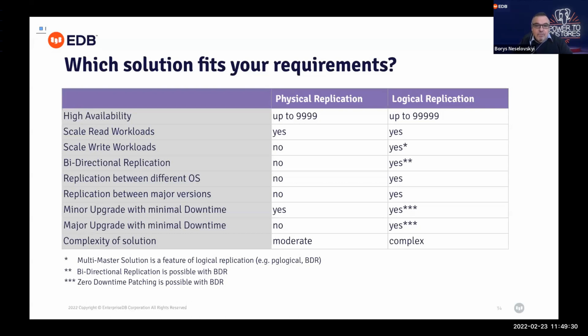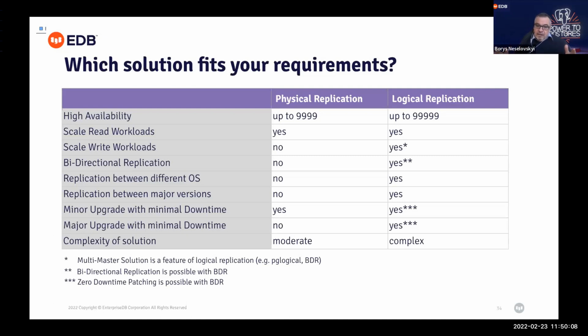For example, with solutions based on logical replication, we can have less downtime for upgrades. Very importantly, with BDR we can do major Postgres upgrades with zero downtime. And as I already said, we can scale write workloads in logical replication because we have a real multi-master setup.